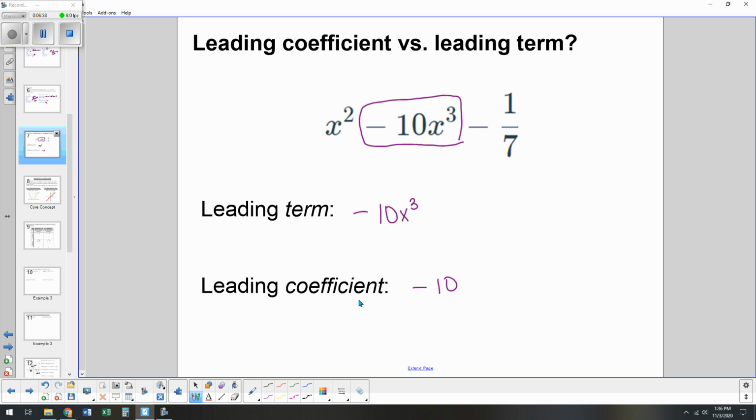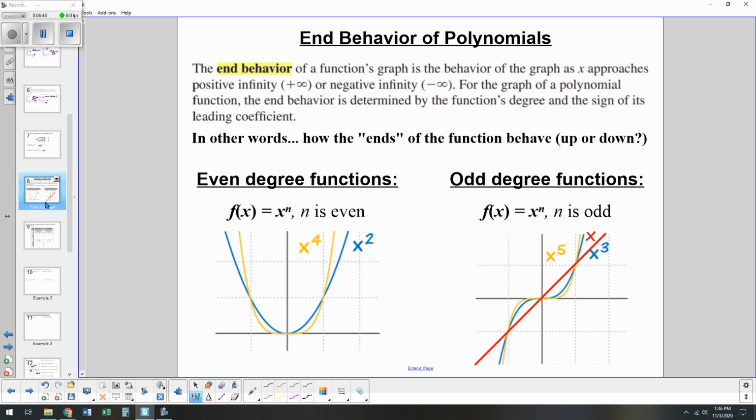So when we ask for the coefficient, we're asking specifically for the number part, but the entire term was negative 10x to the third. All right, so just to know the difference between those two. So end behavior is going to actually be a very large part of what we do with graphing.